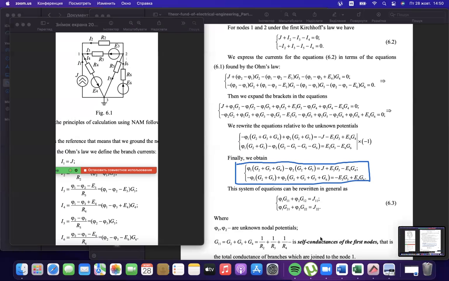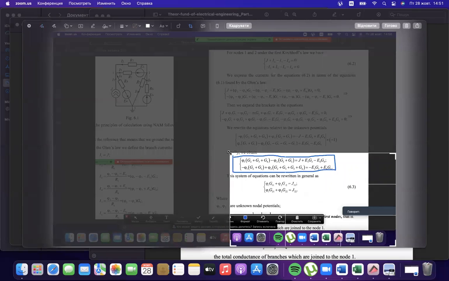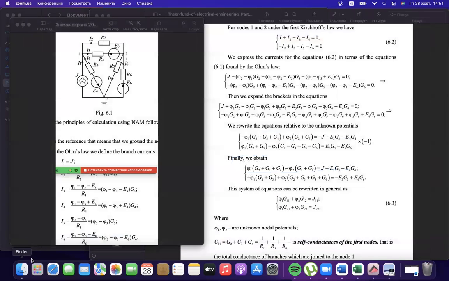Let's compare it with the mesh currents.